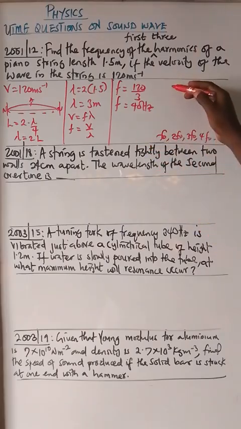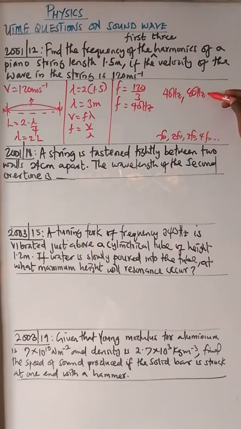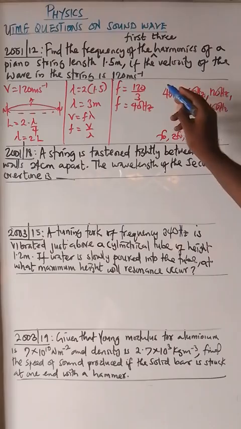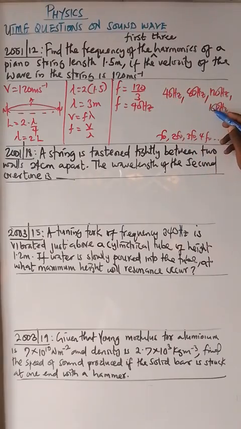So you are going to have 40 hertz, the fundamental, then times 2, 80 hertz. Times 3, 120 hertz. You have to continue, 160 hertz, and the likes. So the first 3 harmonics are 40, 80 and 120.